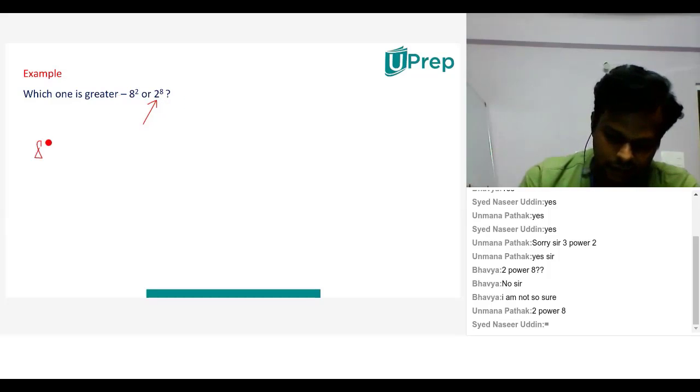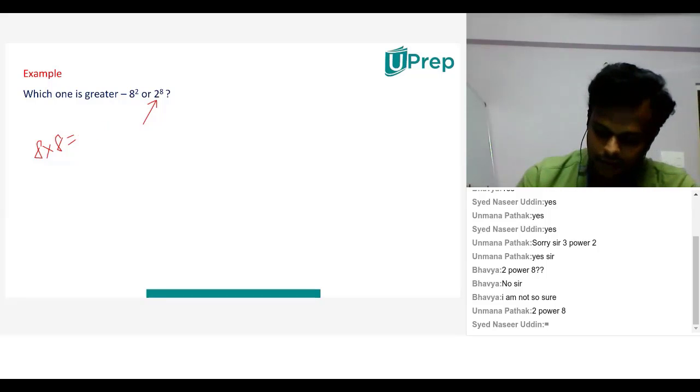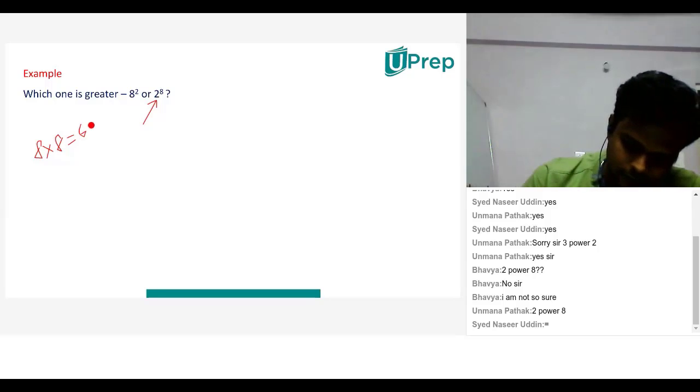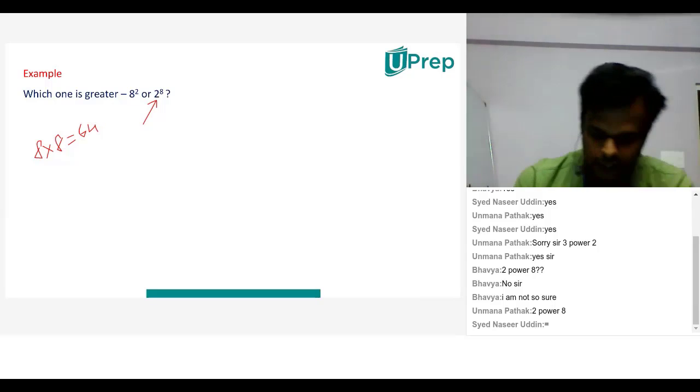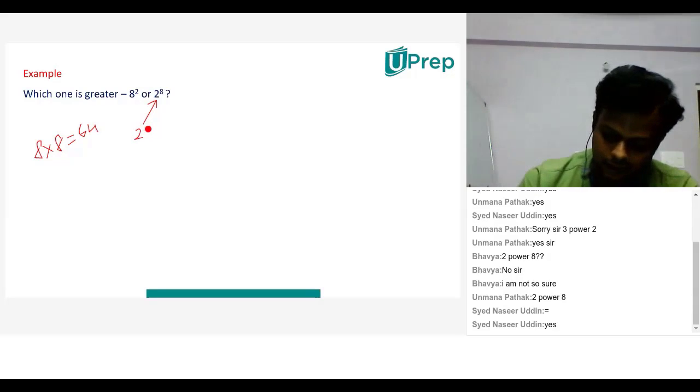What is 8 into 8, children? 8 into 8 is 64, whereas 2 power 8 is, what we have seen just now, 256. So obviously 2 power 8 is greater.